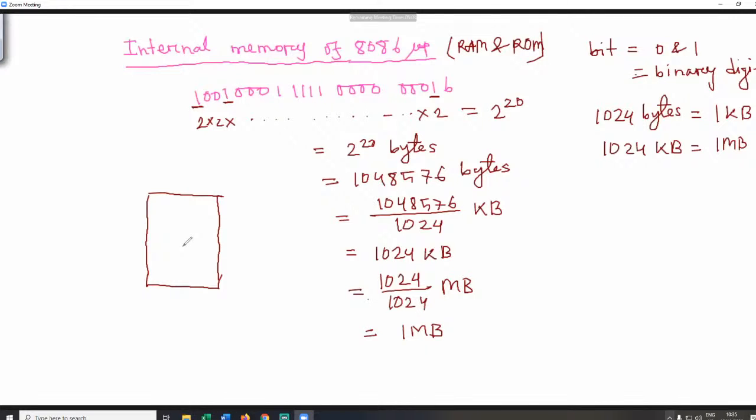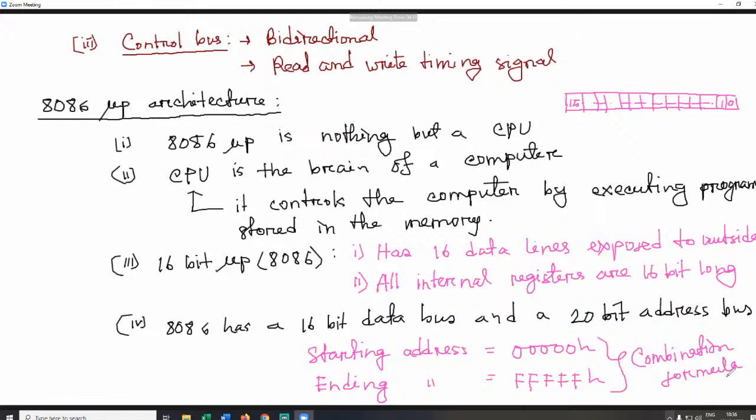The starting address is 00000 and the ending address is FFFFF. In between we have 1 megabyte of memory. That is point number 4, which we have discussed.